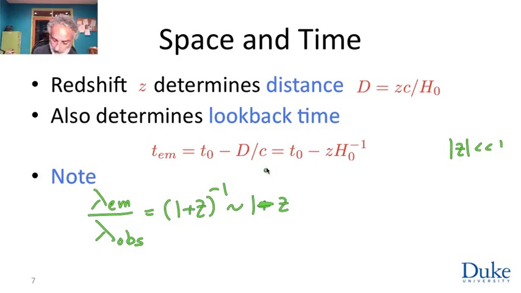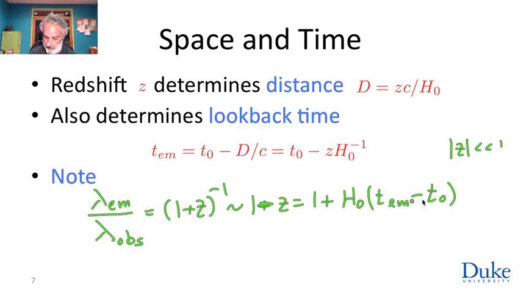Okay, and then from here I have an expression for minus z, which says that minus z is plus H0 times t emission minus t0. Oh, but I know what 1 plus H0 times (t minus t0) is.